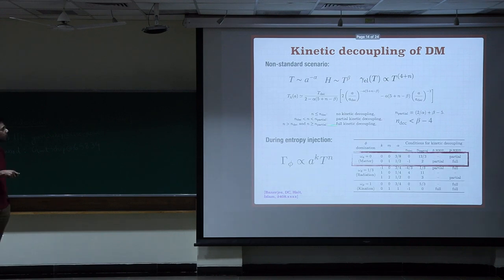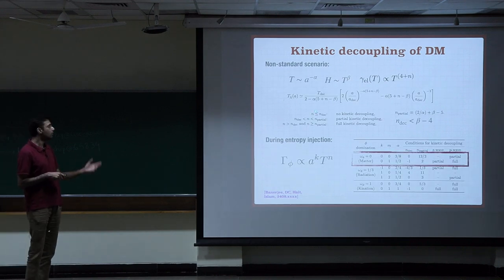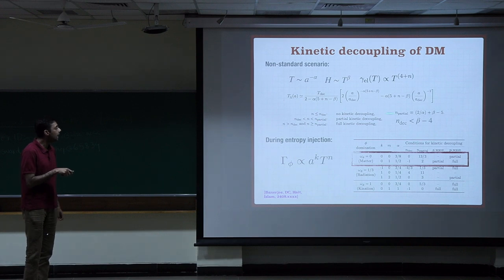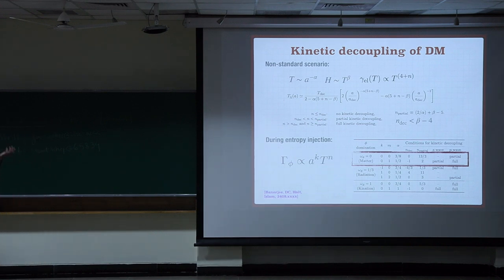That would lead to two different key outcomes: whether the dark matter fully kinetically decouples in the matter dominated era, or partially decouples, or no decoupling at all.